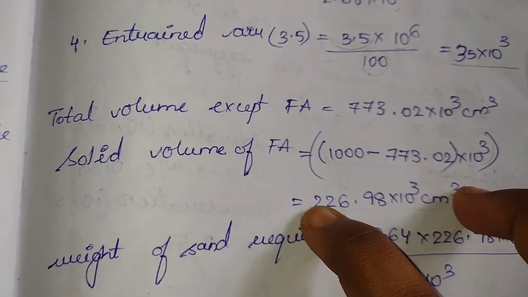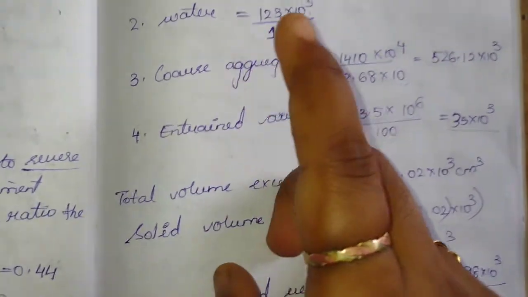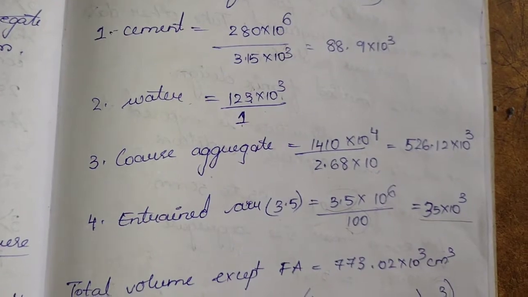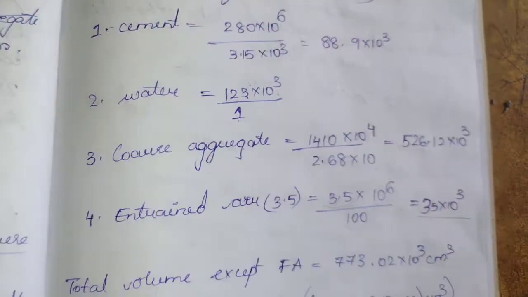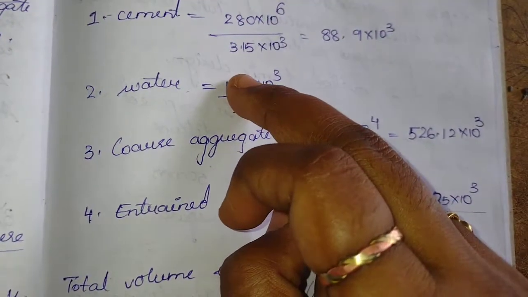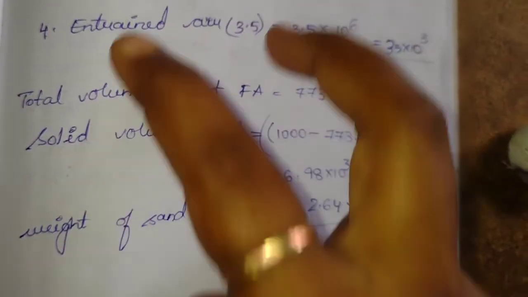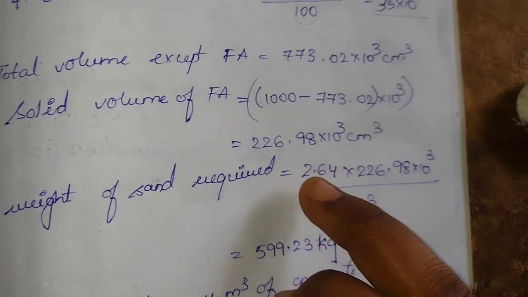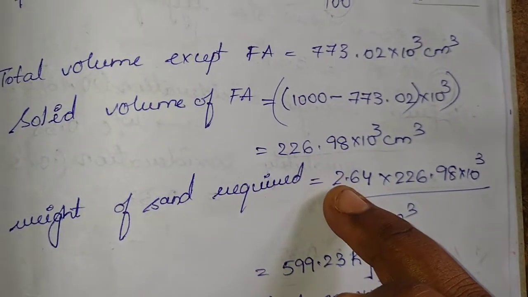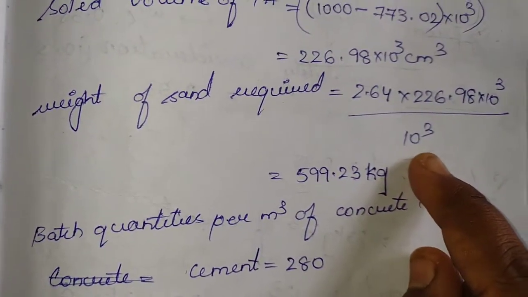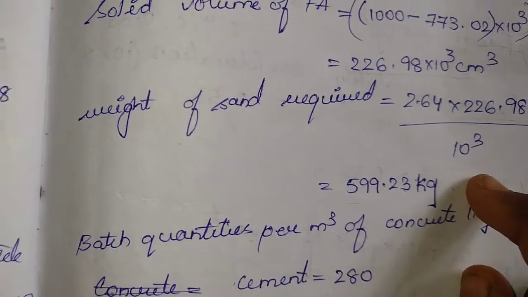So here we are getting volume from weights. When we are getting volumes from weights, we are doing it by specific gravity into 10 to the power of 3. But when we are getting weight from volume, we multiply by specific gravity and divide by 10 to the power of 3, and we'll get the weight of the fine aggregate.